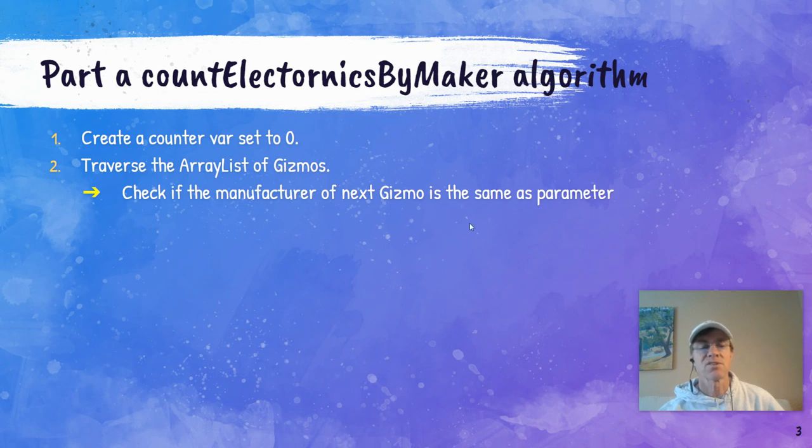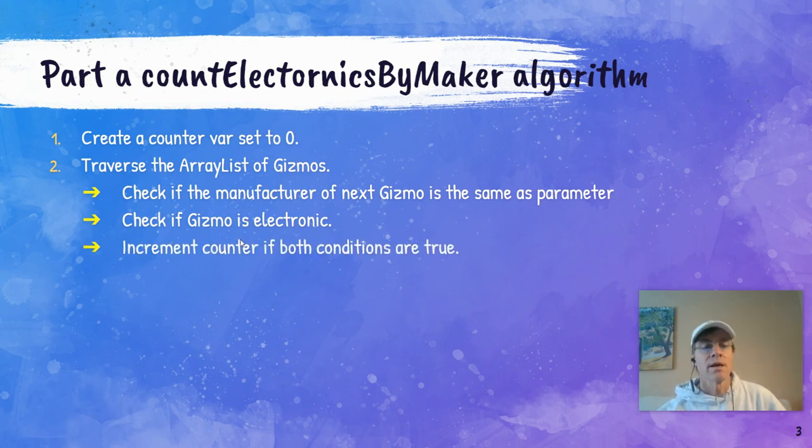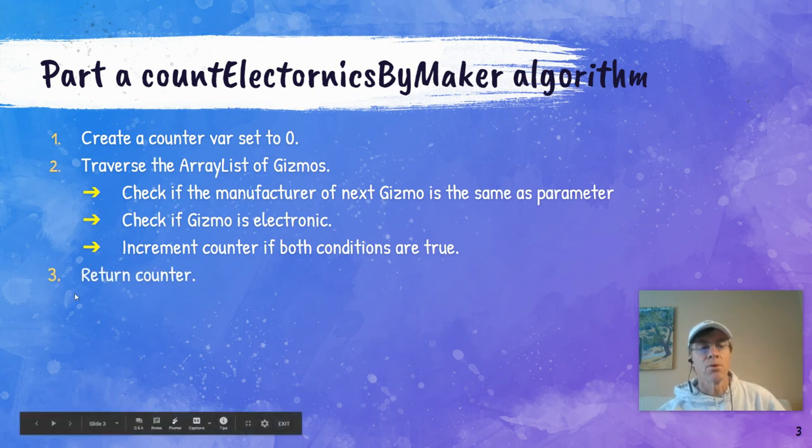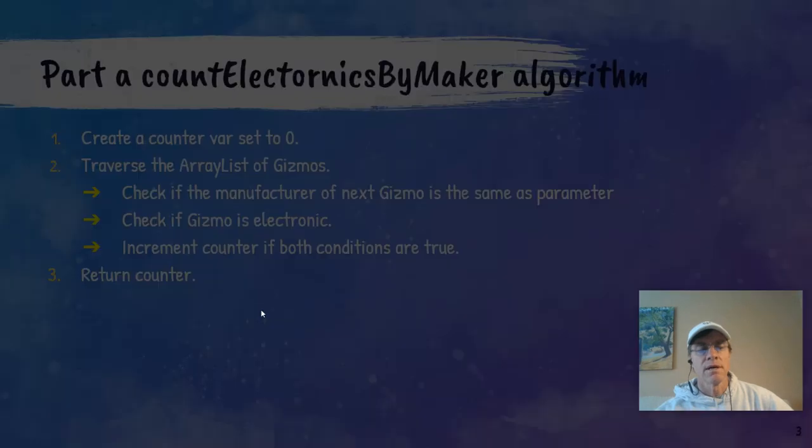So that's test number one. The second test is to see: is it an electronic gizmo? If both of these things are true, then I want to increment that counter. When I'm done with my loop, I'm going to return the counter. So pretty straightforward, not very complex, a pretty simple thing to start with.